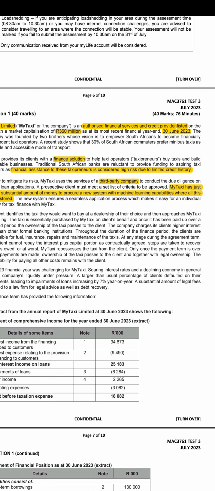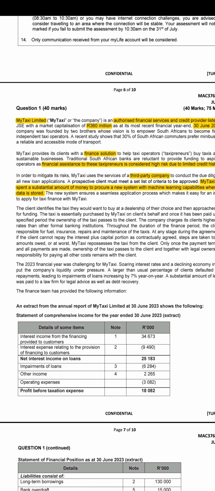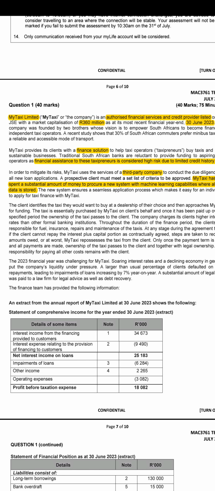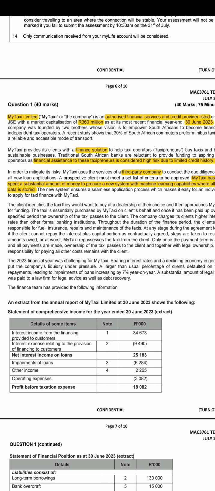Now, the next bit of information that's also important is to say that My Taxi has just spent a substantial amount of money to procure a new system with machine learning capabilities where all this data is stored. Okay, great. So they've made a significant capital investment. Now, what does that tell you? Take a moment to think about it.